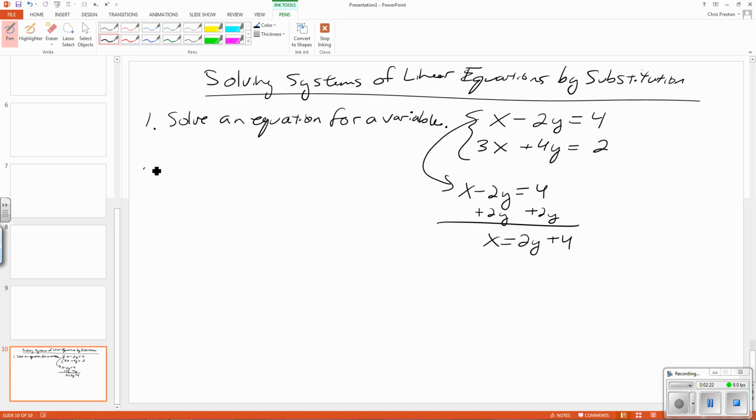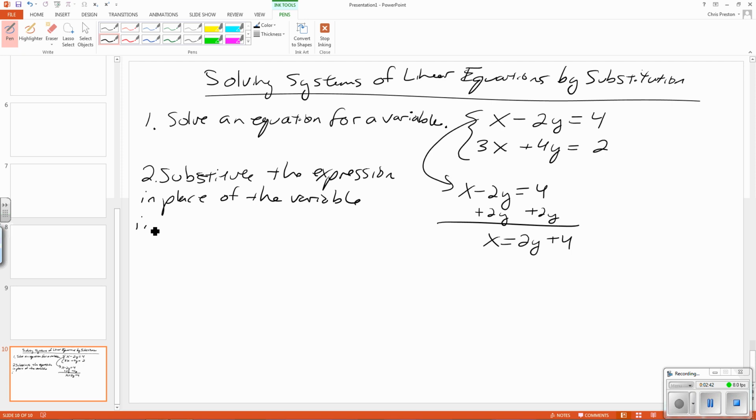The second step is to substitute the expression in place of the variable in the other equation. Be very careful. You realize where we got this x equals 2y plus 4.